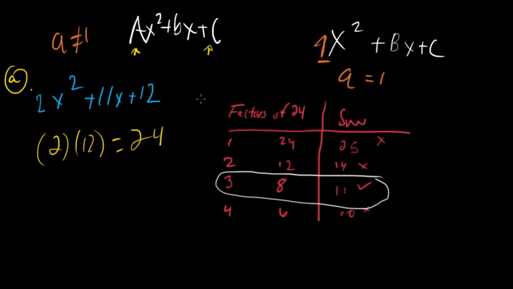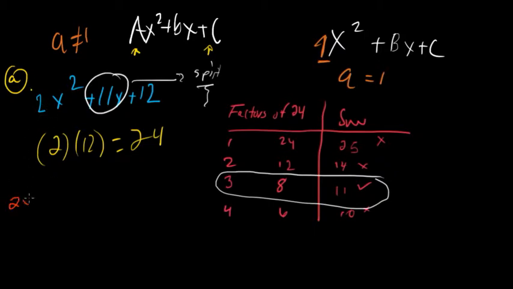Perfect. Now that I have this taken out, let's see what we can do with it. We're going to split the middle term. That's what this is called, splitting this term here. The way we do that is we bring everything else down.